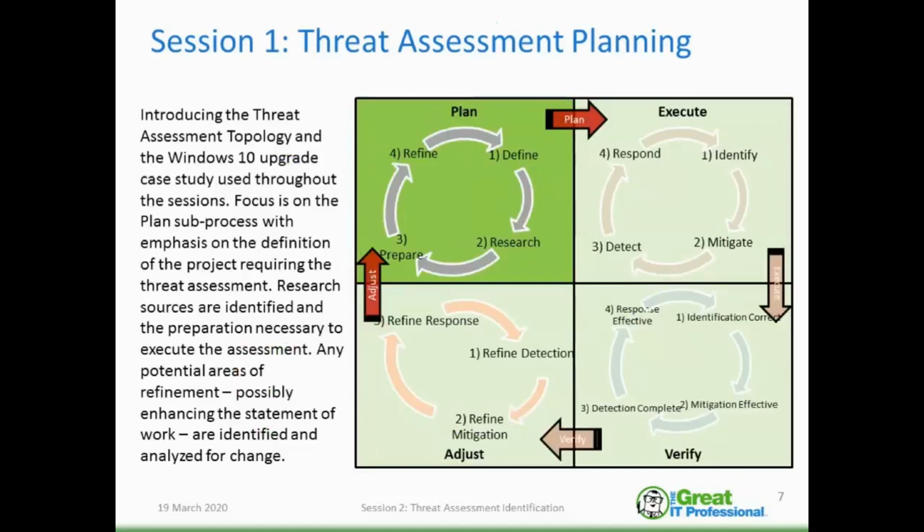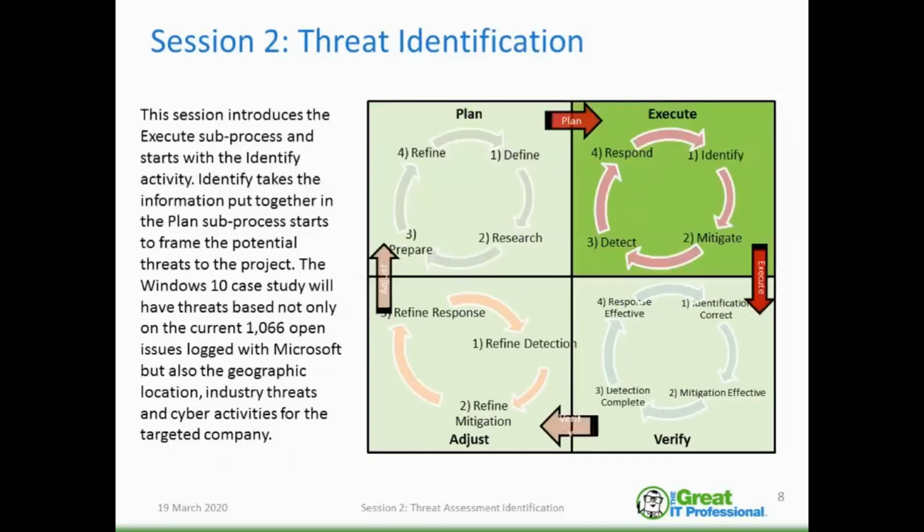When we looked at threat assessment planning last week, we went through how we do the definition, and we were pretty specific about making sure that our definition and our problem statement was SMART. Today, we're going to talk about threat identification, and we'll be focusing just within the execute section and only on identify. Next week's session will be on mitigate.